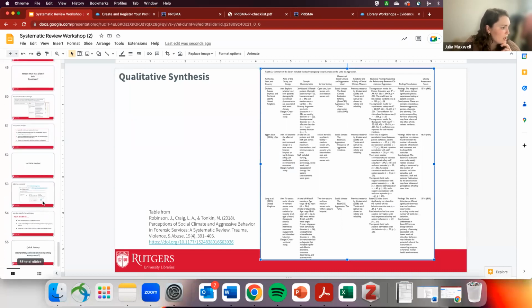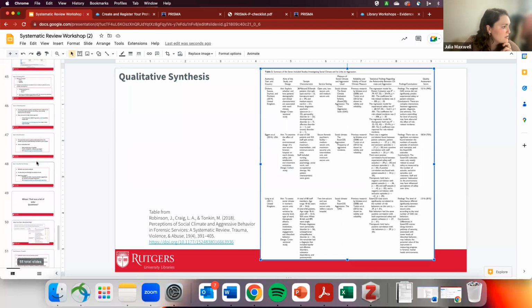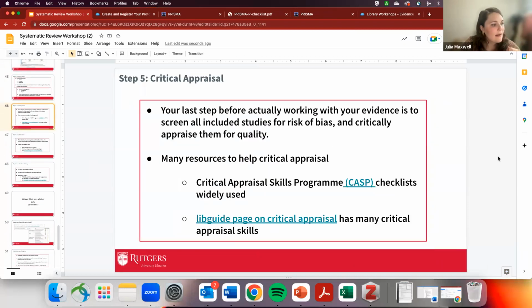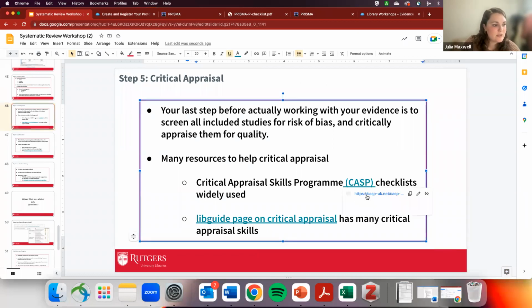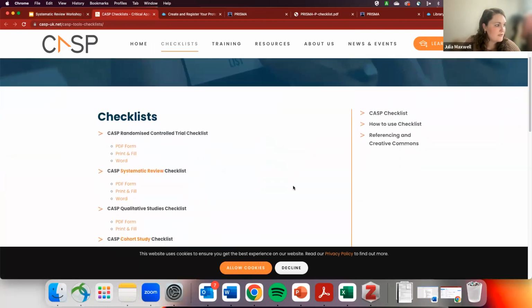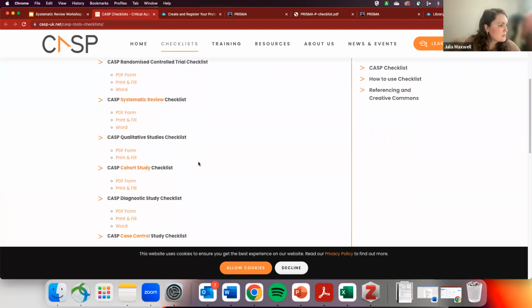At this stage, there are many different critical appraisal tools that you can use. My favorite is called CASP, Critical Appraisal Skills Program. It has tons of different checklists, right? So if you're just looking at qualitative studies, there's a PDF checklist that you can use.